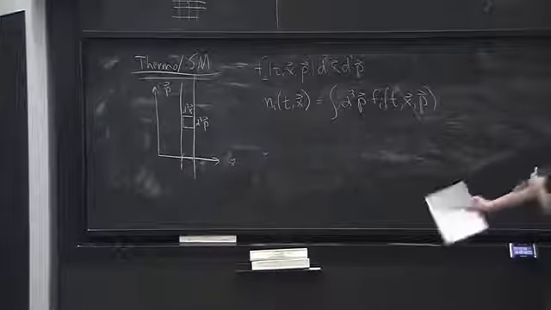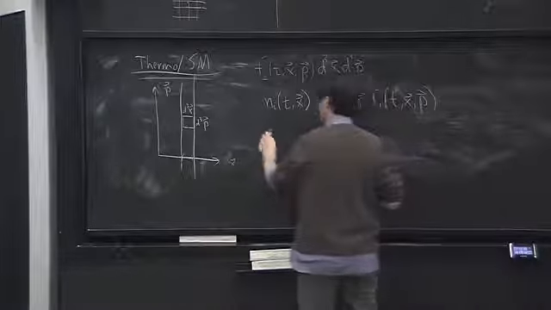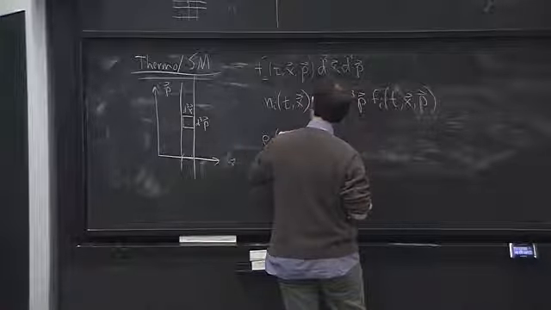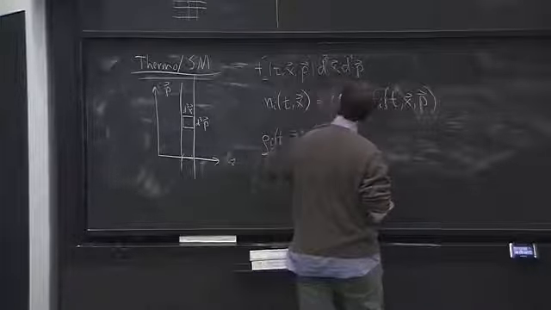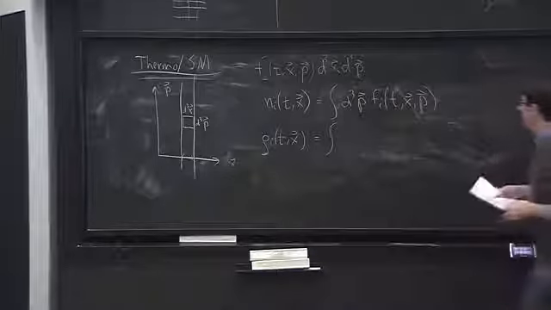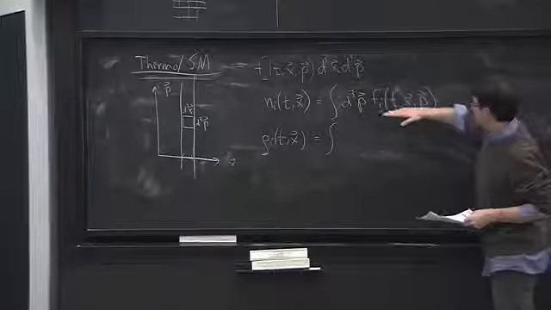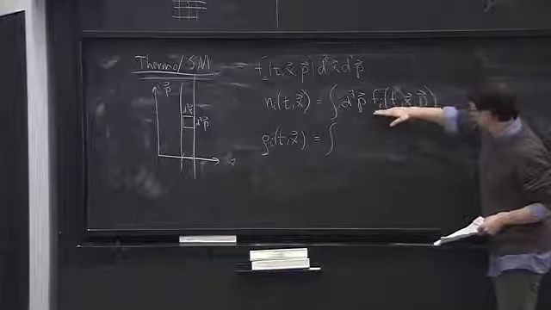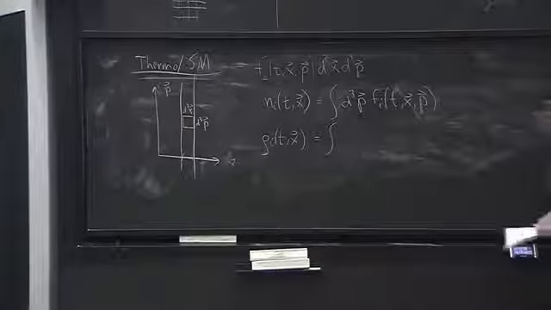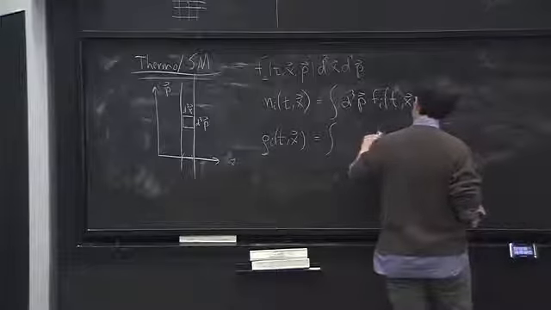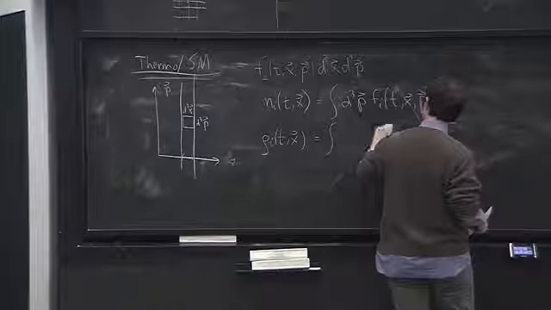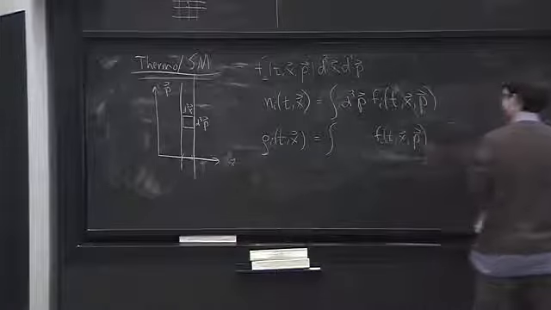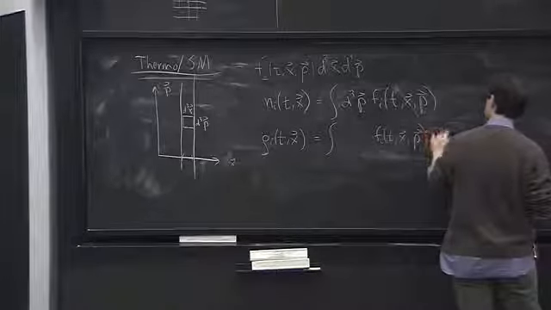Or if we want to calculate the energy density in physical space, another thing we'll often want to know, then, well, if this is the number of particles per unit volume, then the energy per unit volume is just the number of particles at that point in phase space times the energy at that point in phase space.